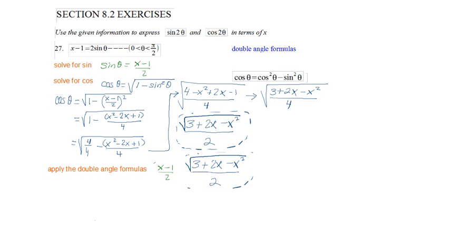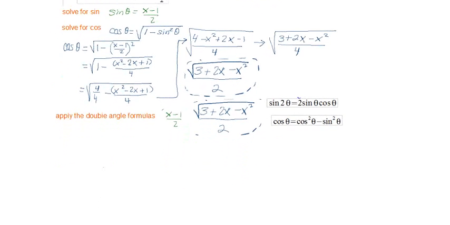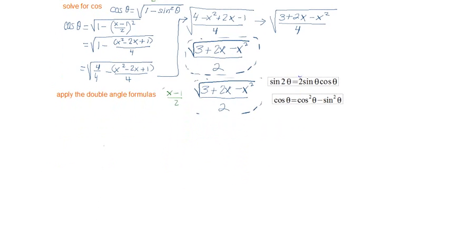And I'm going to move my formulas here because I'm going to need more room. Alright, so now I can apply my double angle formulas to find my sine of 2 theta. So I'm going to start with my sine of 2 theta, right here.